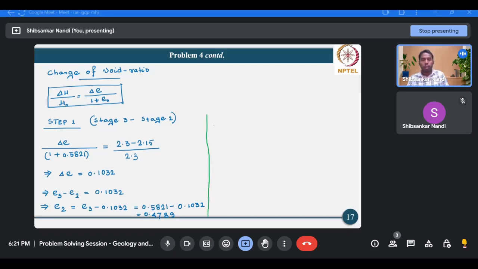So we have to go for another step, step 2, and this would be in between stage 2 and stage 1. In this case the reference values will correspond to stage 2. So delta E divided by 1 plus 0.4789 equals 2.15 minus 2.5 divided by 2.15.